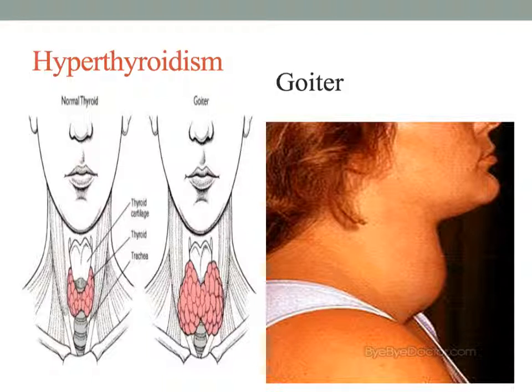There's toxic multinodular goiter. It accounts for about 15 to 20% of hyperthyroidism cases. This type of goiter is more common in older adults and is a combination of chronic and active nodular goiter.